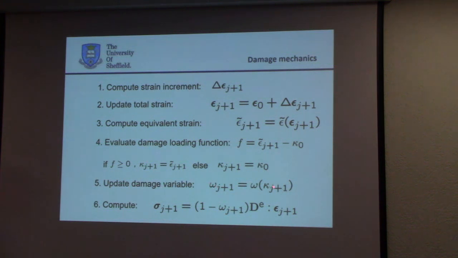You update the damage variable, and that holds whatever you have done here, because you have the right value for kappa, so you can compute the right value for omega, loading or unloading, and then you compute the right stresses. It's 1 minus the updated omega times the elastic stiffness times your new strain. So this is essentially the algorithm you use in damage mechanics.